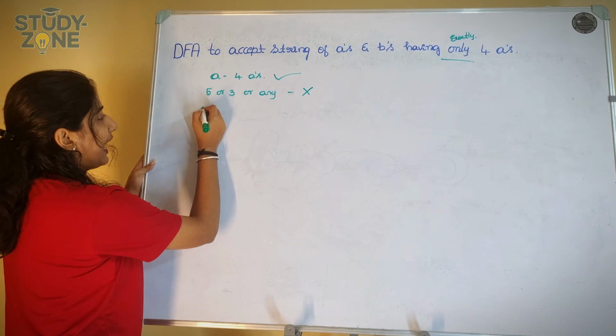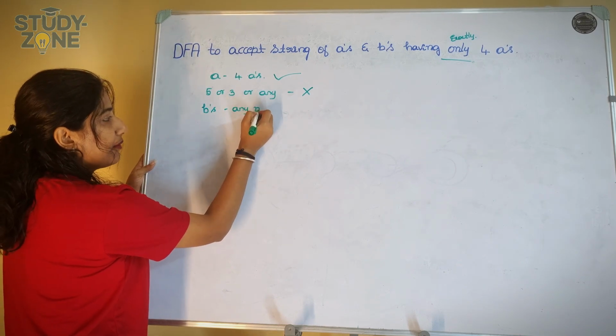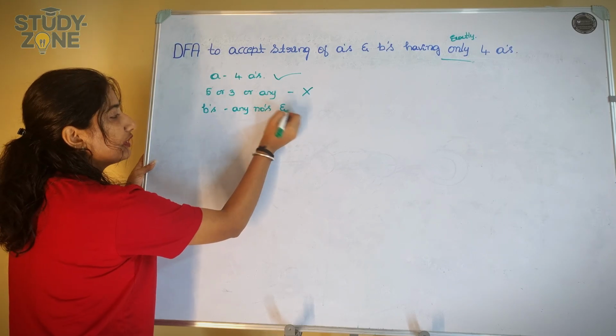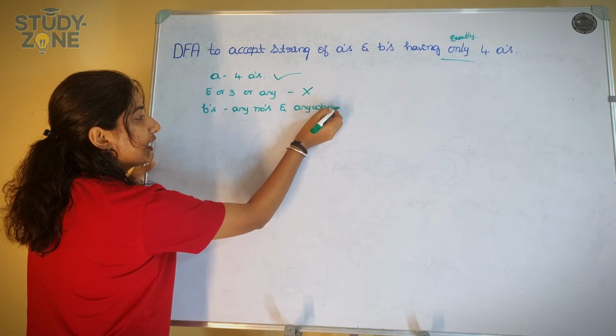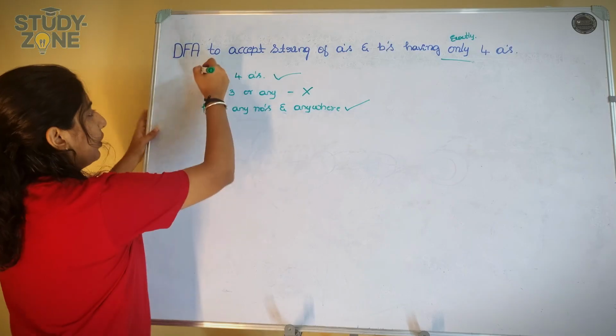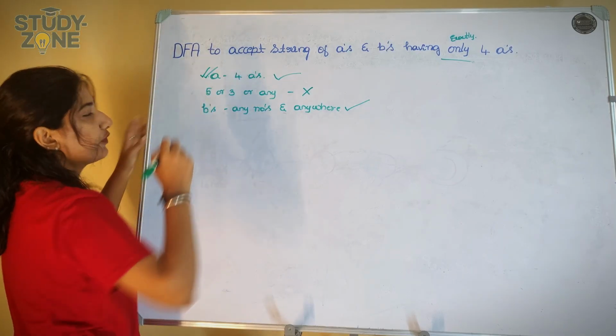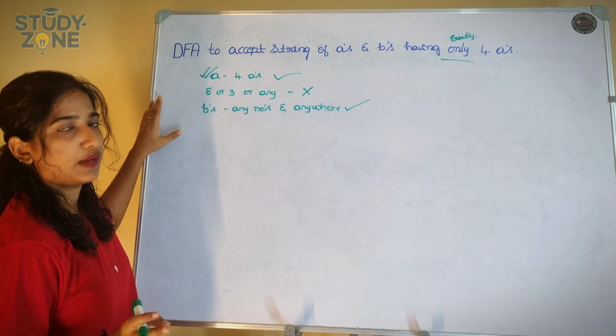And we can have B in any number, and it can be anywhere in the string, it will get accepted. So the main role here is of the 4 A's. Okay, so this is the basic idea of this problem.